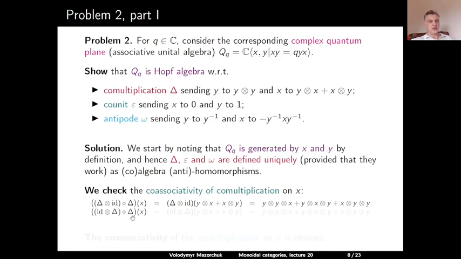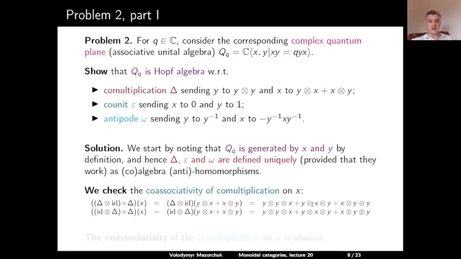And in a similar computation where we swap the identity and delta, we get identity tensor delta applied to y tensor x plus x tensor y. One can see that this element is invariant under the usual symmetrical braiding, and the symmetrical braiding, of course, will swap delta and the identity, so it's no surprise that the outcome is exactly as in the previous computation.